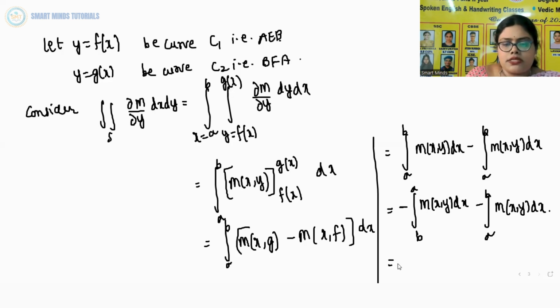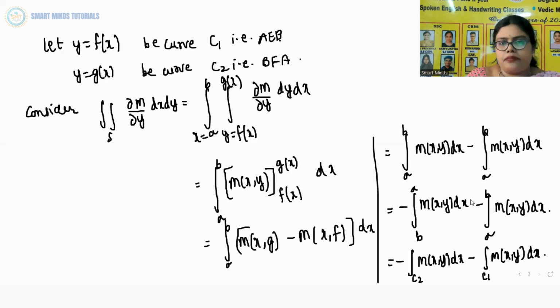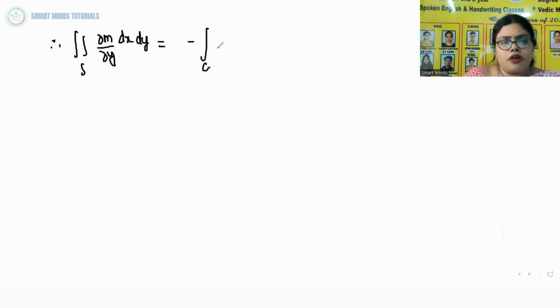So this is nothing but minus the curve integral over C2 of M dx minus the curve integral over C1 of M dx. Therefore, the surface integral of ∂M/∂y dx dy is equal to minus the curve integral of M dx. This is equation number 1. Curve integral is a single integral, surface integral is double integral, volume integral is triple integral.